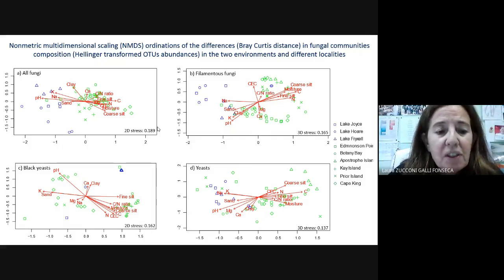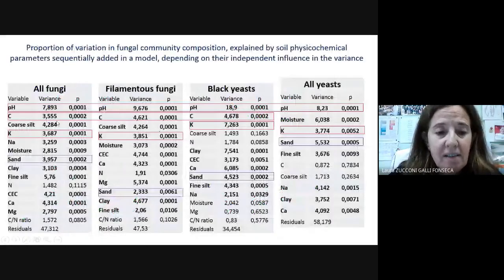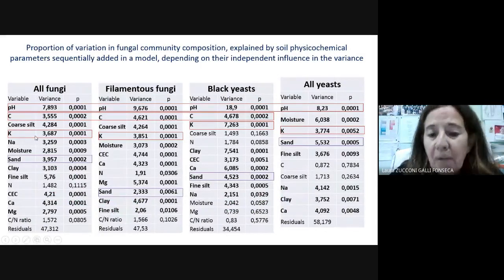We have considered the effect of the different parameters on the variance of the community, and the pH, carbon, and potassium content have a prevalent effect in determining the composition of the Taylor Valley inner and coastal side samples.